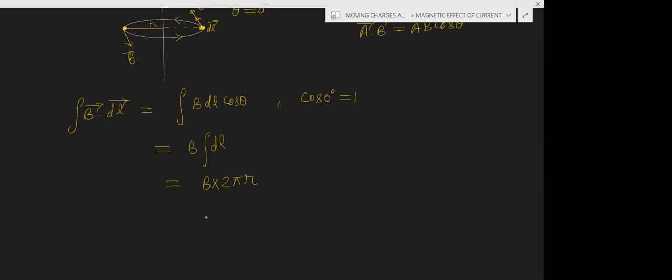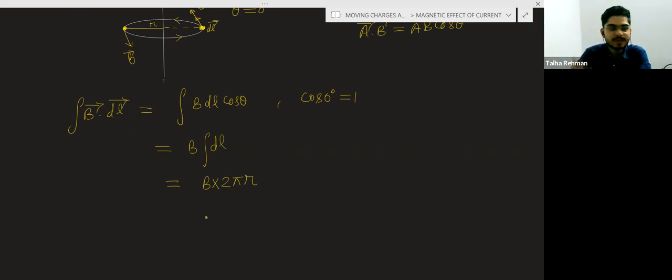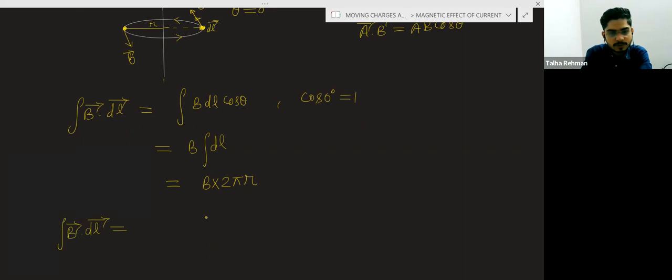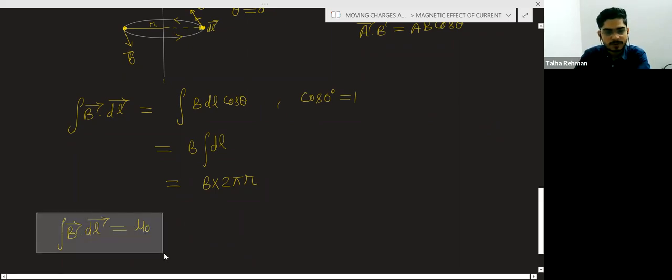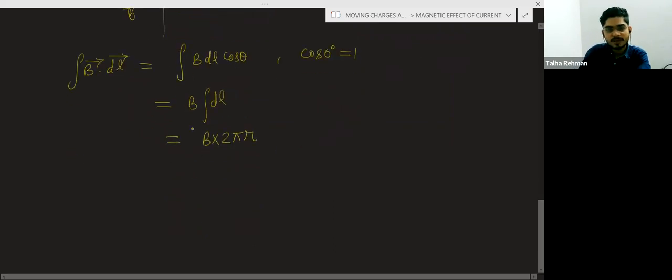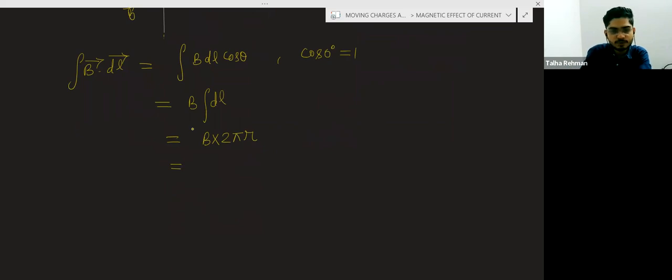Now we will apply Ampere's law. Ampere's law says that the line integral of the magnetic field is equal to mu 0 times the current enclosed by the wire. Here the magnetic field at this point due to this long wire, at a distance r, will be mu 0 divided by 4 pi times 2I by r, and this is multiplied by 2 pi r.